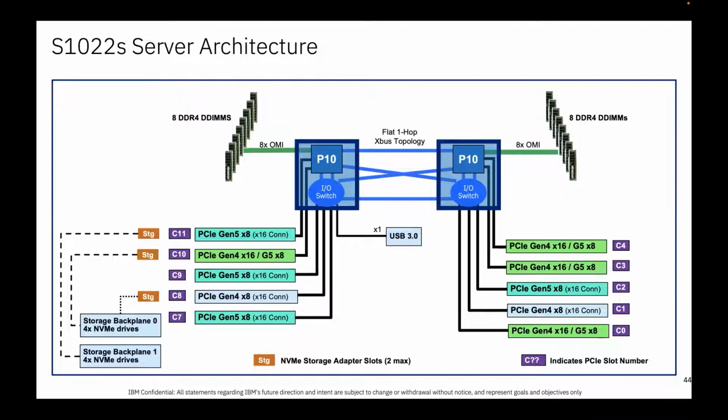Essentially it's a Power 10 chip with 0 cores active. It's an I/O switch, which gives us the capability for I/O, but does not give us the enablement for the memory slots. So total DDIMM slots of 16, not 32.